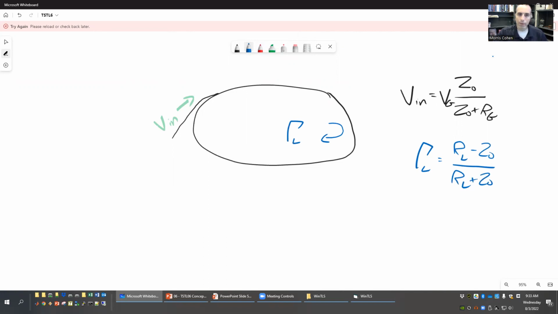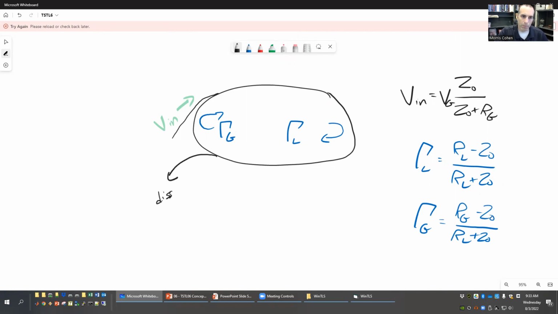And we've also got a reflection at the generator, gamma G, and gamma G equals our generator resistance minus Z0 divided by the sum. All right, and we're also going to have some dissipated power that's wasted right here.